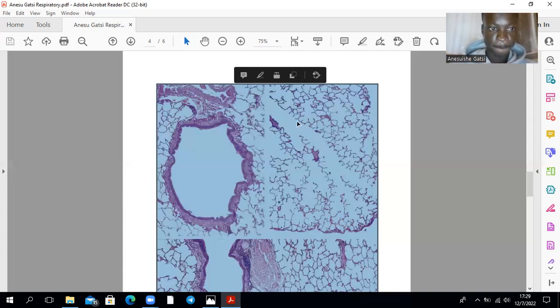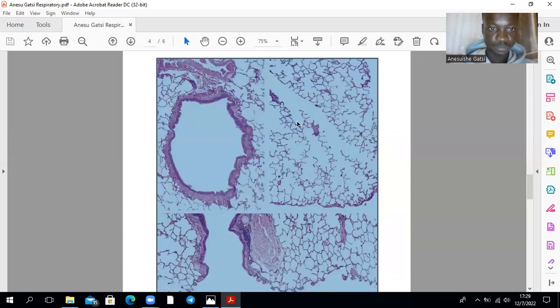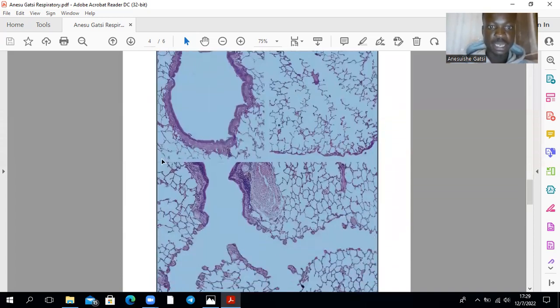Then these are now respiratory bronchioles, these ones from the bottom slide. Those are respiratory bronchioles. These are nodules of lymphocytes, which we say form part of your BALT. That's lymphoid tissue. Then all these are alveolar sacs.